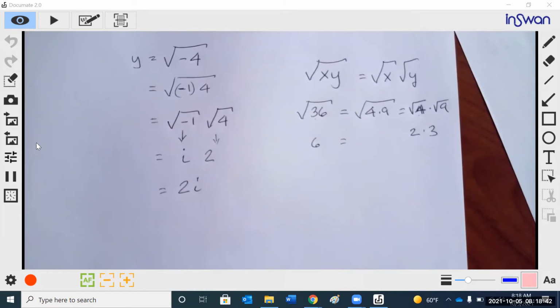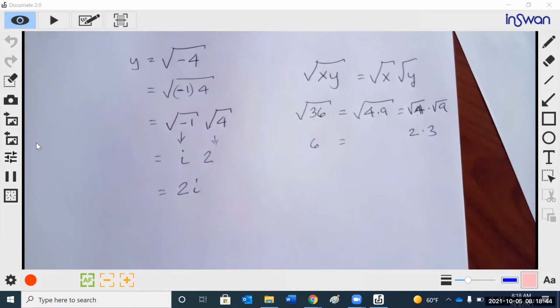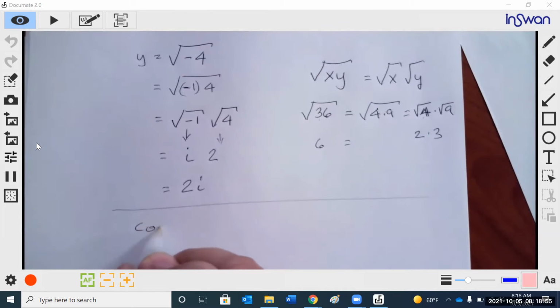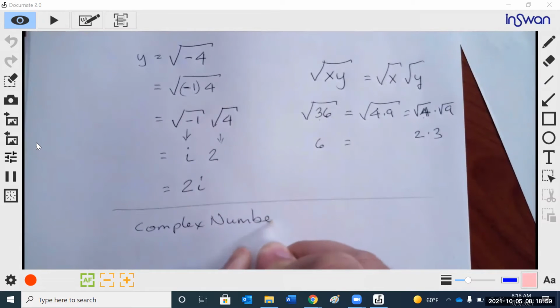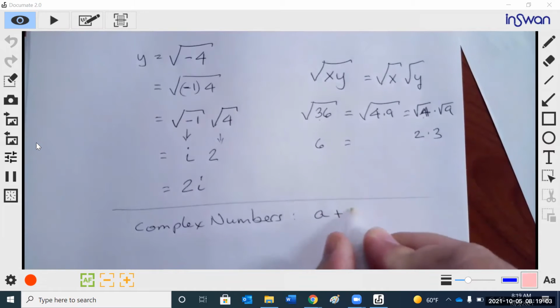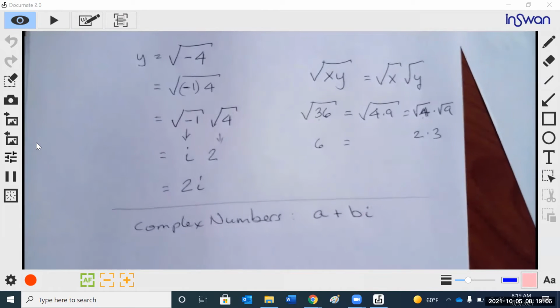So the logical question is, we haven't talked about complex numbers yet. Okay, complex numbers look like this: a plus bi.